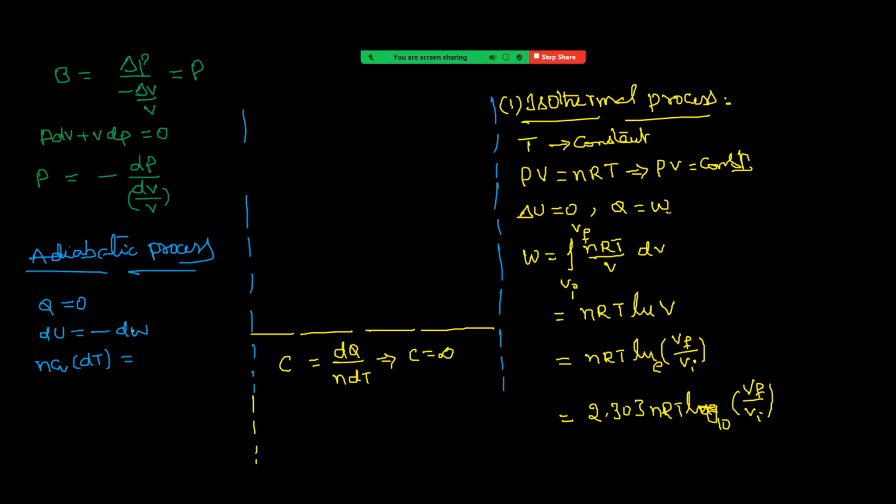So it is now n Cv dT equal to minus P dV. Take this as equation 1.